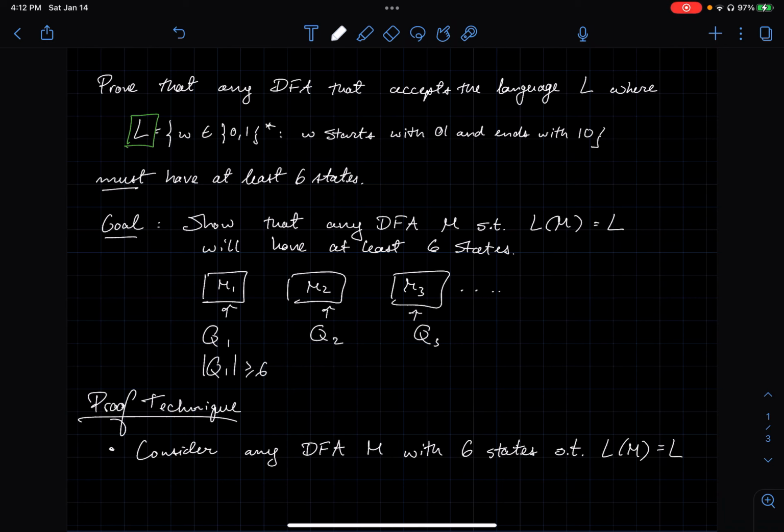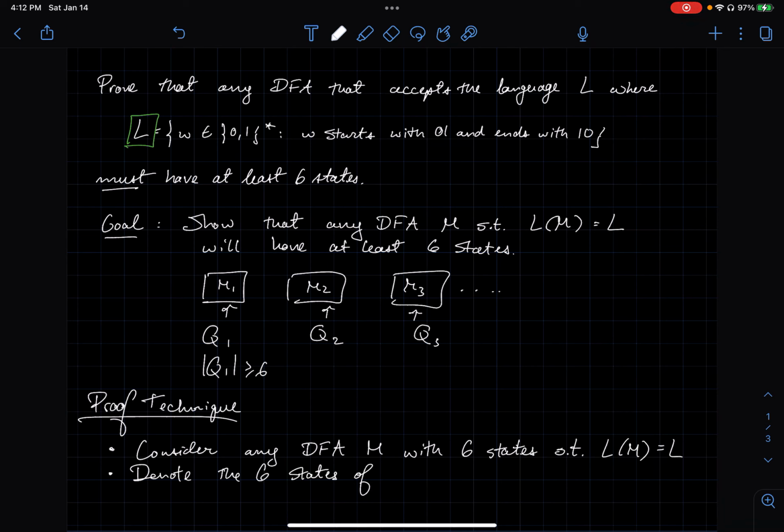Then what I do is I denote the 6 states. So I give them labels, but I don't specify a particular architecture.